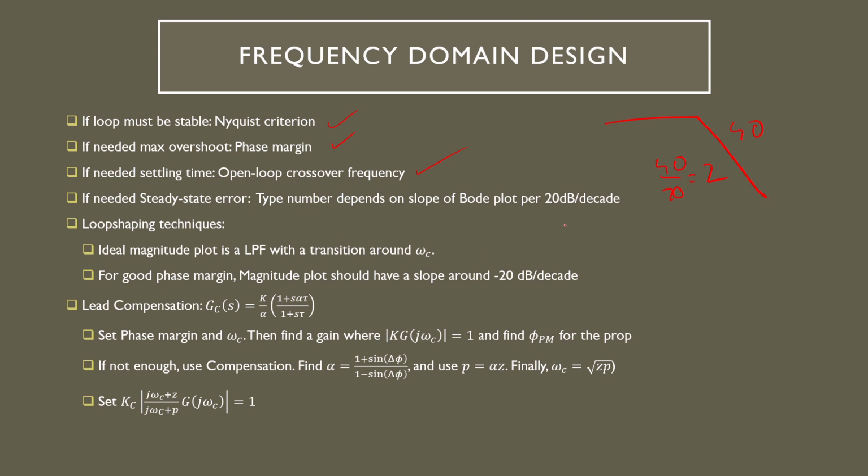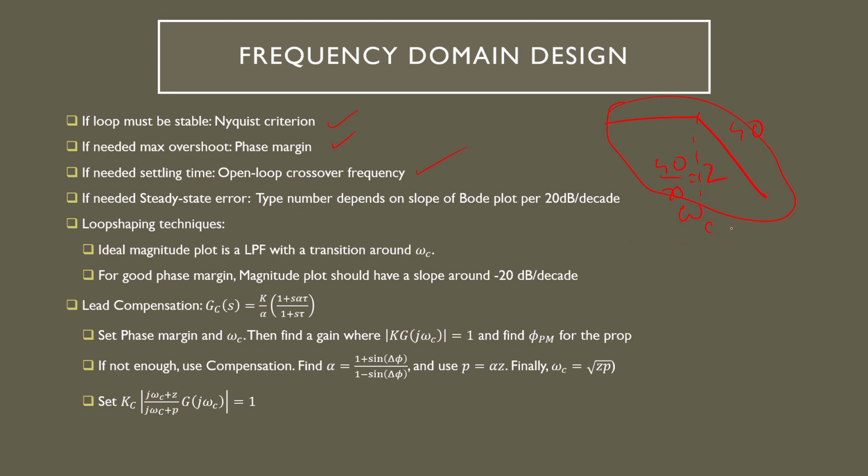So what do you do with all of this? Well, you want to try and shape the loop using a lead compensator. What is loop shaping? It's basically trying to mold the loop to whatever you want it to be. And let's talk about how you want to do that. First off, you want a controller with a magnitude plot that's an LPF, like I've shown over here, low pass filter. Its transition should be around omega C, the open loop crossover frequency.